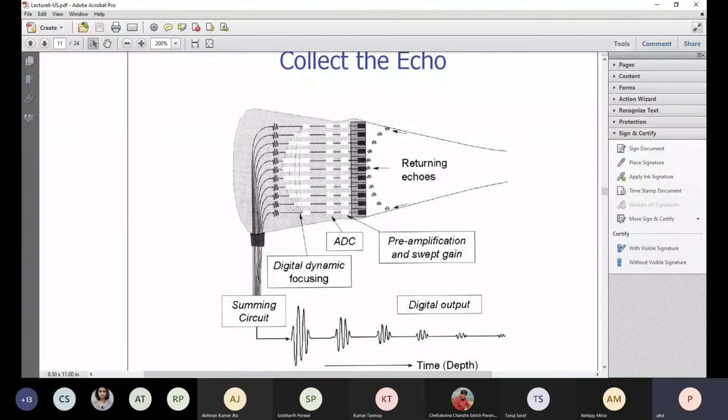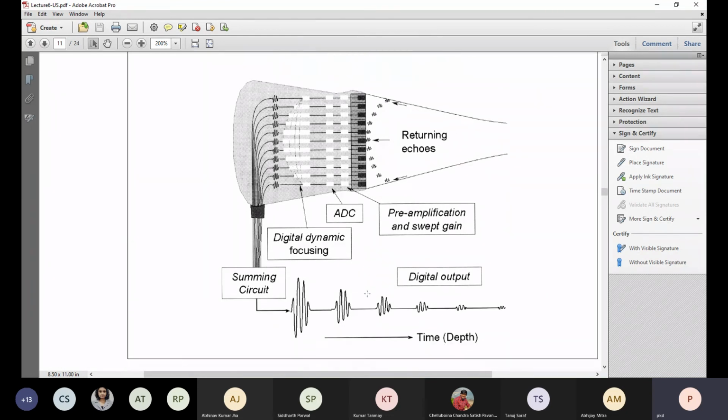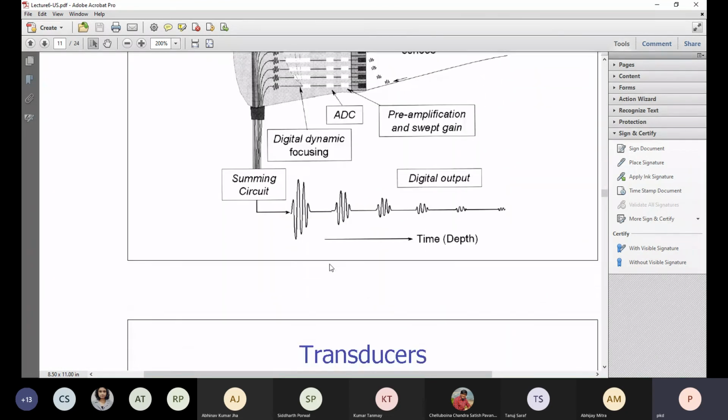That is done by this block, shown here as the digital dynamic focusing. And then finally, it will be shown as time versus depth. This kind of echoes will come.